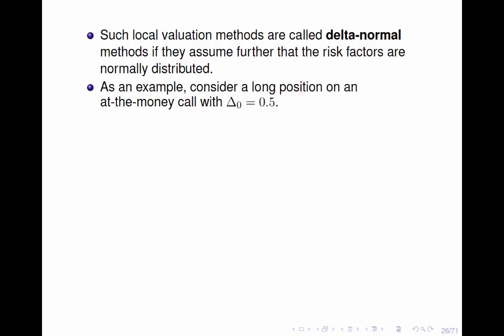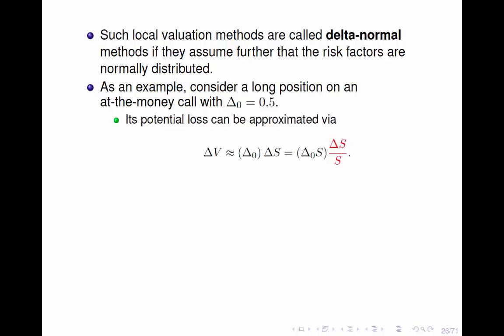As an example, consider a long position on a netted money call with delta 0 equal to half. Then, its potential loss can be approximated via the formula given in the previous slide.